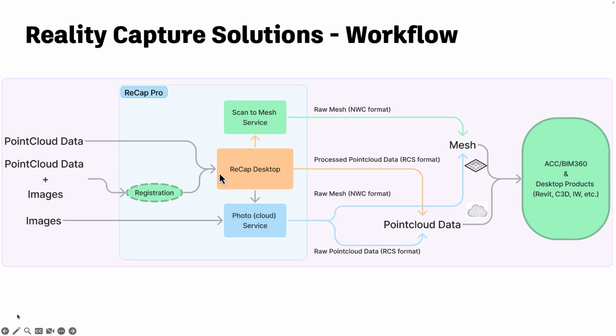You can import it. Like I mentioned a couple of times already, when you bring an image, we have the photo cloud service available also. All come inside the Recap desktop, which is where the visualization and measurements and publishing, a lot of things happen. If you want to create a 3D mesh, you can also do that. There's a scan to mesh service to do it as well.